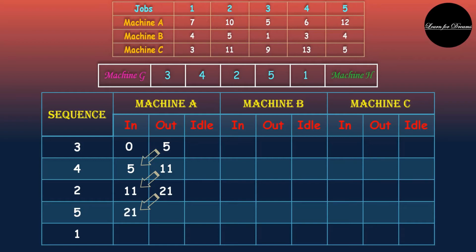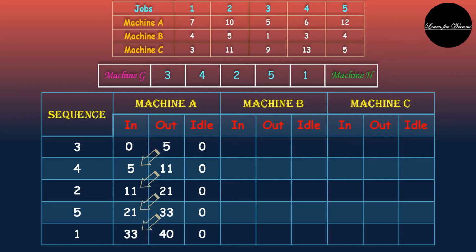Now this 21 will be the in time for job 5 and 21 plus 12, that is equal to 33, is the out time. And lastly for job 1, in time is 33 and out time is 33 plus 7, which is equal to 40. Now here you can observe that as soon as previous job work is done, next job enters. Hence the idle time is 0.